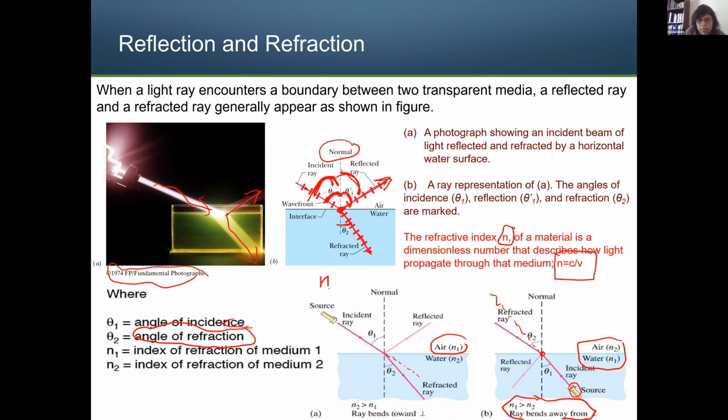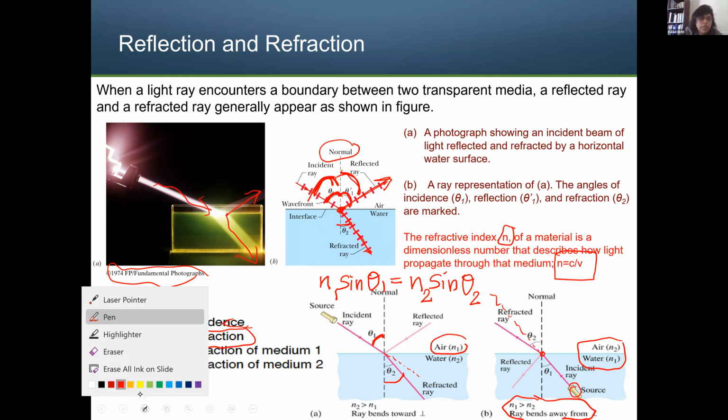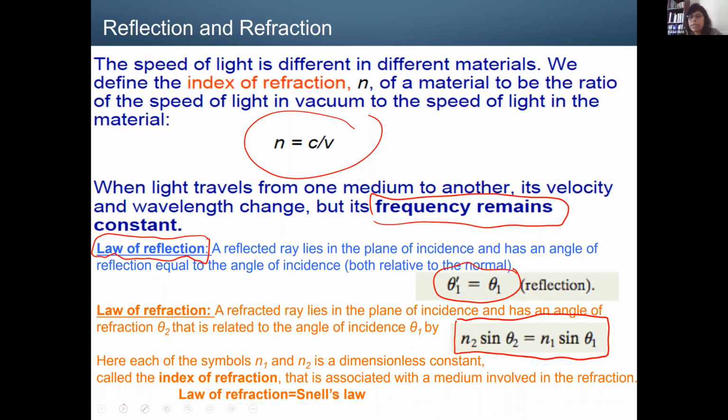You take N1 times the sine of the incident angle, theta 1, and that should be equal to the second media's index N2 times the sine of your refraction angle, theta 2. We call that the law of refraction, because it depends on the refractive index, and the theta angle also depends on those properties of the material. Sometimes we call it Snell's law, the refraction law. Right? These are the two laws.